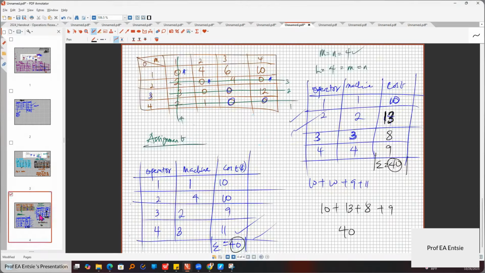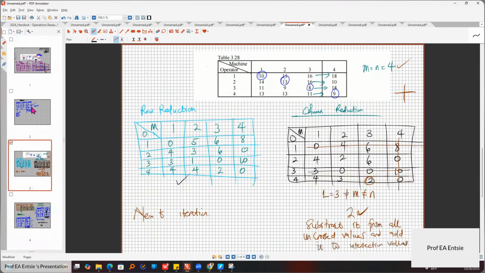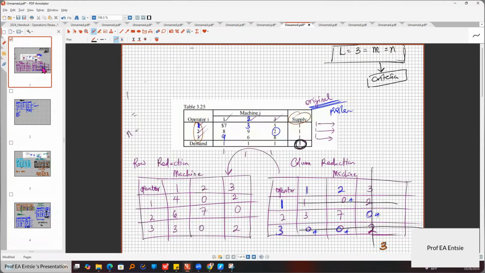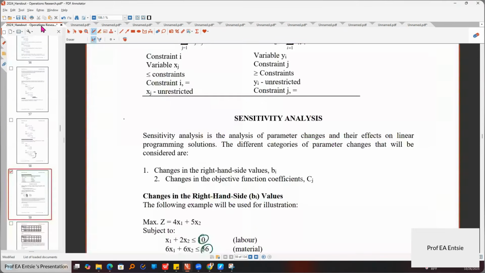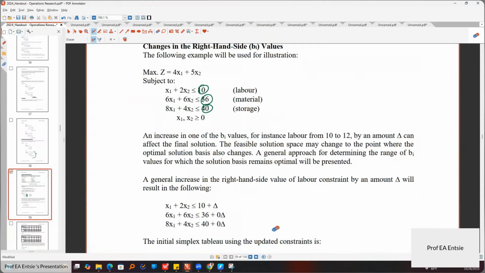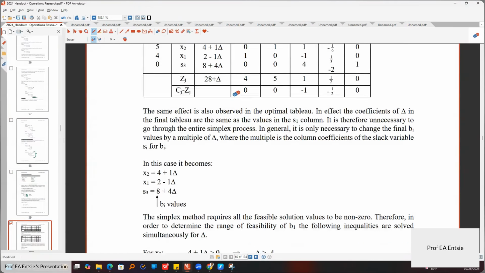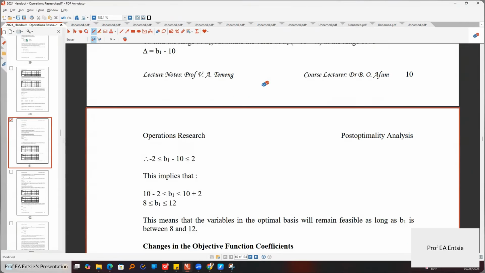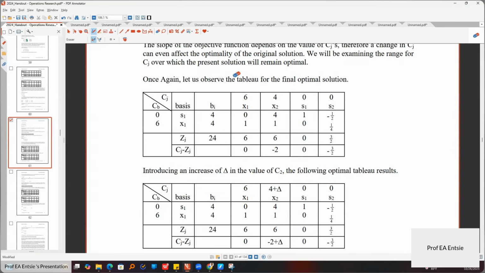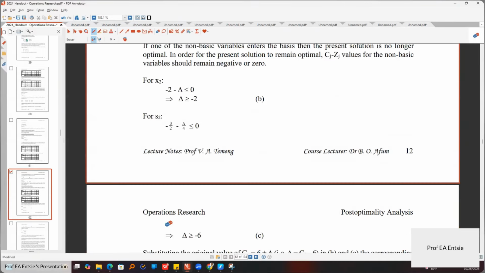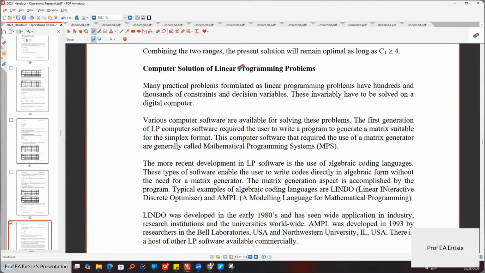Don't assign a dummy. There are some examples in the handout that you can follow up. We've solved all the examples.